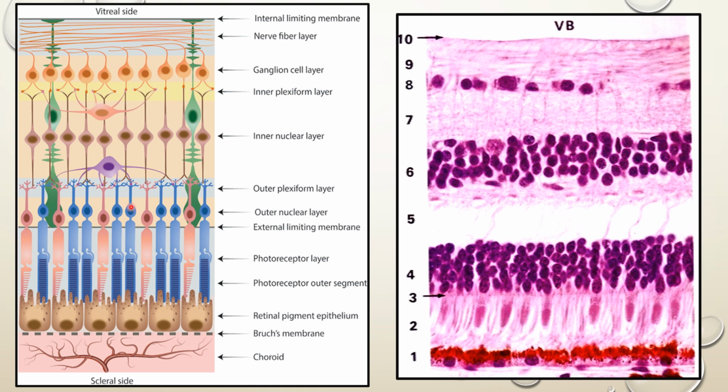These cells are arranged in the 10 layers of the retina, which are the first layer, retinal pigmented epithelium, then layer of photoreceptor rods and cones, external limiting membrane, outer nuclear layer, outer plexiform layer, inner nuclear layer, inner plexiform layer, ganglion cell layer, optic nerve fiber layer, and finally the internal or inner limiting membrane.